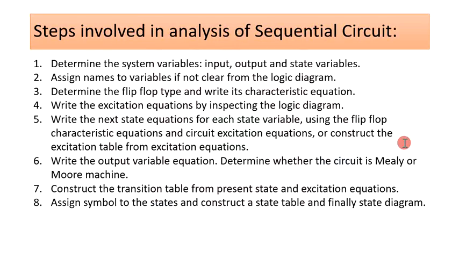Seventh step would be to construct the transition table from the present state and the excitation equations. And eighth step is to assign the symbols to the states and construct a state table, and finally the state diagram. So these are the steps to be followed when you are trying to analyze a sequential circuit.